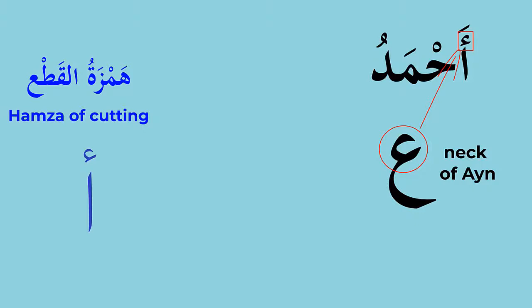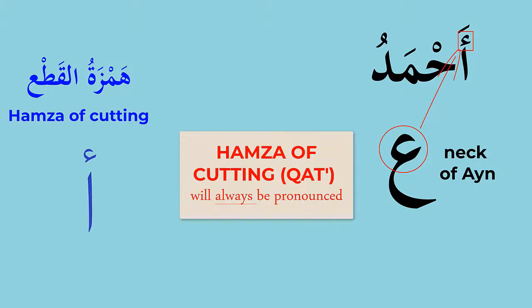When the Hamzatul Qata comes, you have to pronounce it whenever it comes and wherever it comes. If I write wa here, what will you do? Wa Ahmadu. You cannot skip it now. Are you with me, brothers and sisters? You will always pronounce it, no matter where it comes.